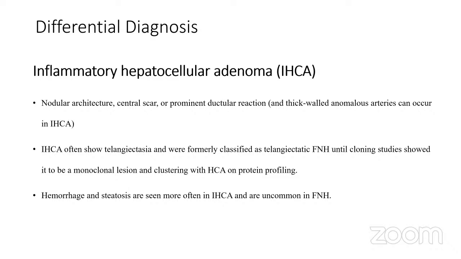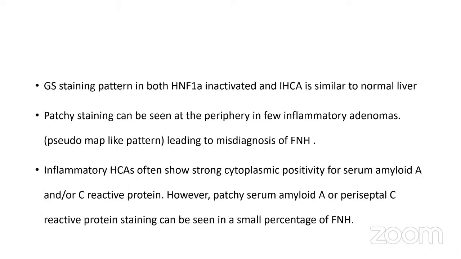They were formerly classified as telangiectatic FNH until they were found to be monoclonal lesions, clustering with hepatocellular adenomas on protein profiling. Hemorrhage and steatosis are more often seen with inflammatory adenomas but are uncommon in FNH, though steatosis can be seen in FNH also.